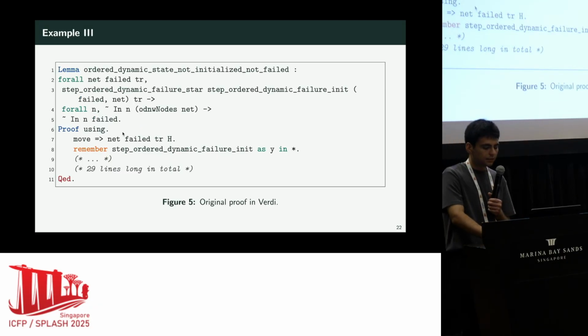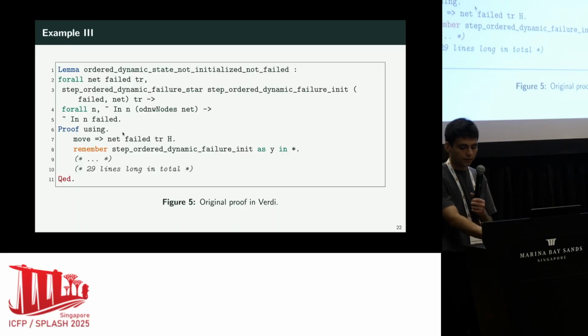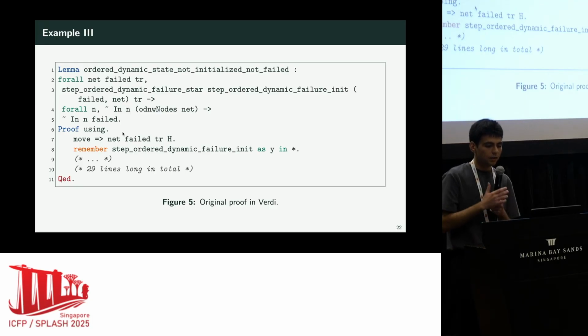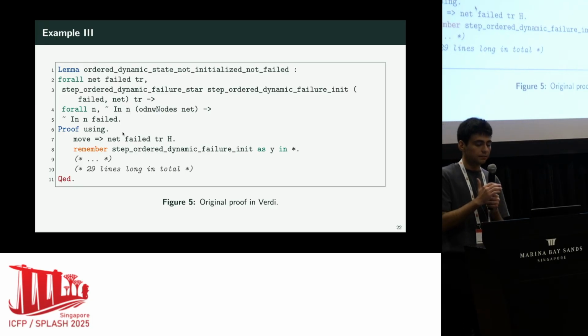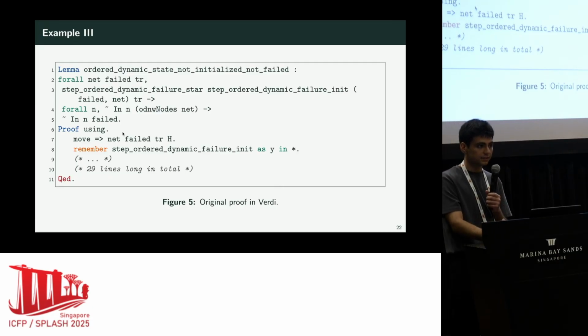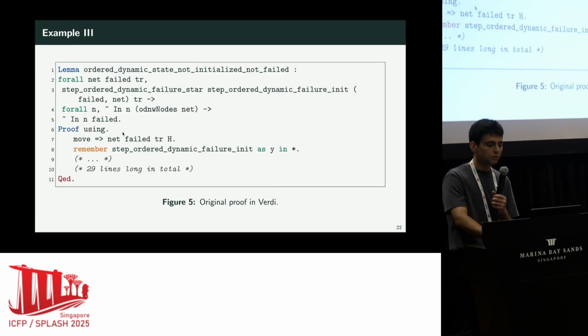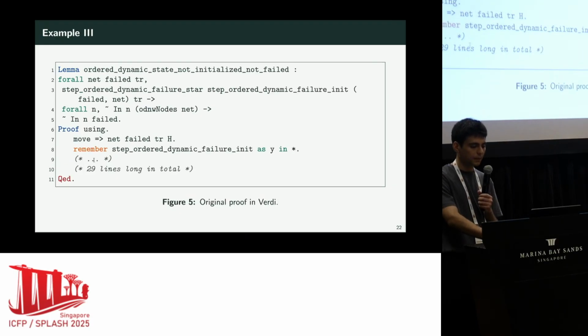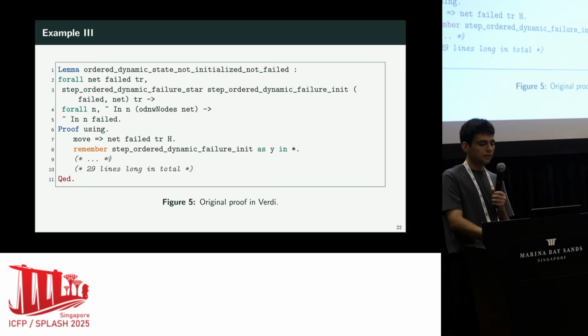Another interesting example comes from Verdi, where the proof is quite long, around 29 lines. But how long the proof is does not really matter in this case. What is important is that the Verdi developers chose to copy and paste, which is okay.